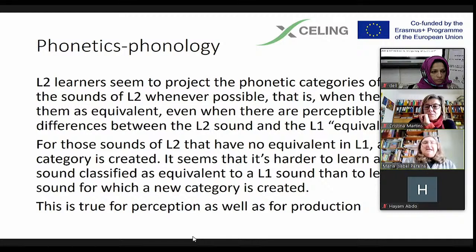That is, there are sounds of L2 that he perceives as similar to sounds of L1. So the learner classifies those sounds as equivalent, even when there are perceptible acoustic differences between the L2 sounds and the L1 equivalent sounds.